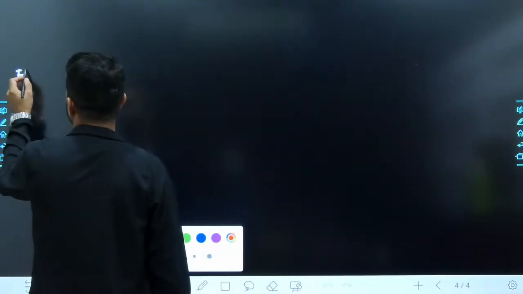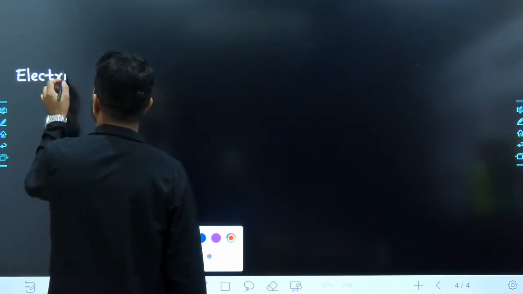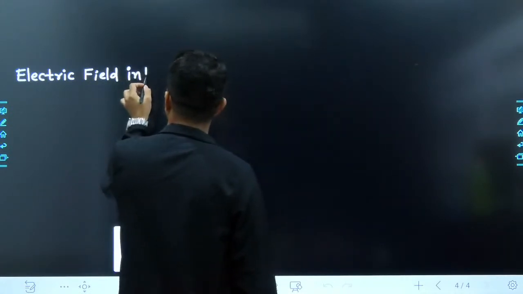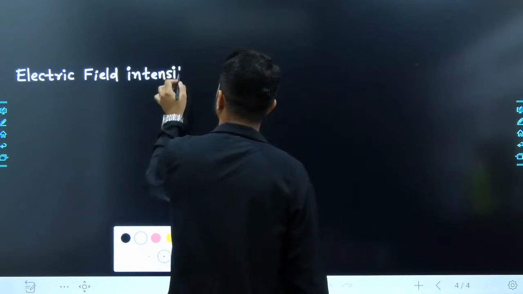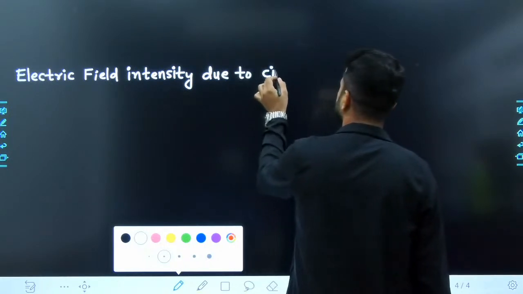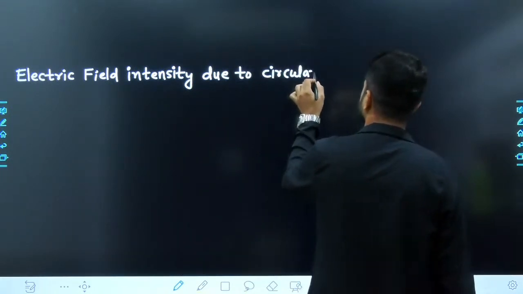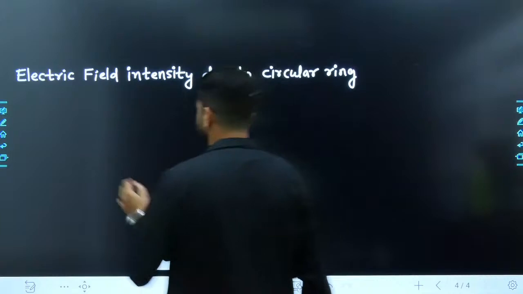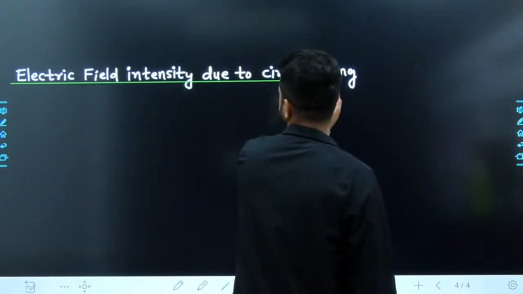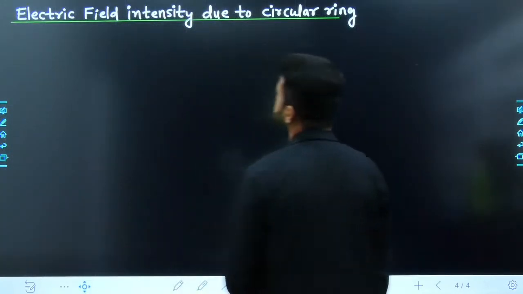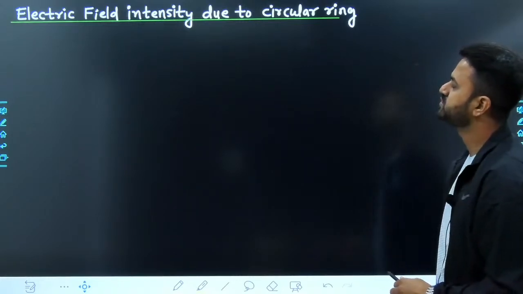So next is electric field intensity due to a circular ring. Electric field intensity due to a circular ring.